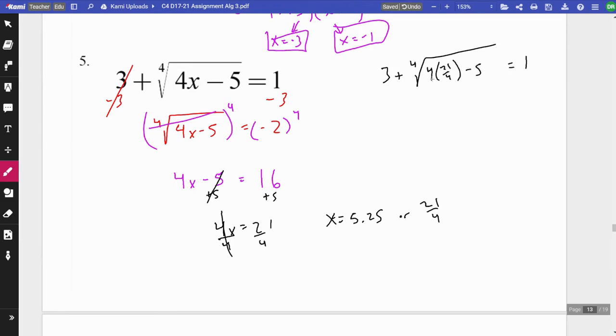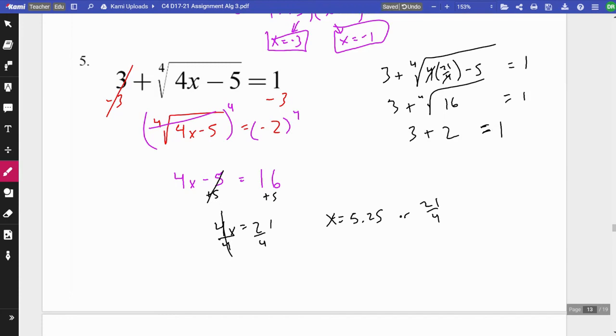Right here, the 4s would cancel. You get 21 minus 5 is 16. So the fourth root of 16, plus 3 equals 1. The fourth root of 16 is 2. So 3 plus 2 equals 1. Yikes. That's certainly not true.